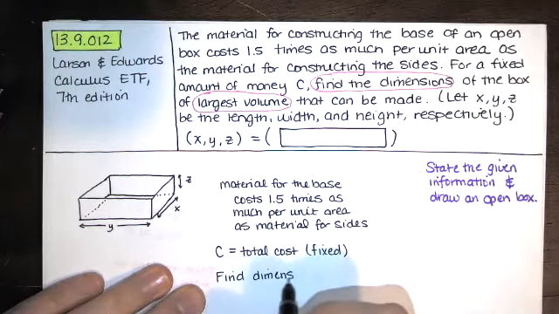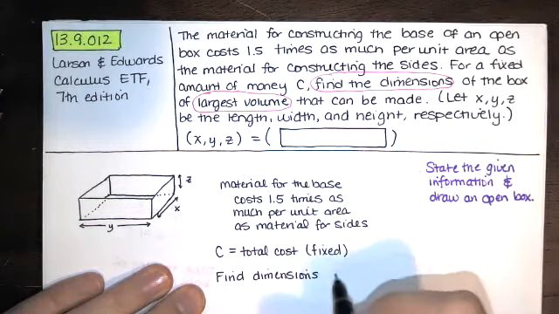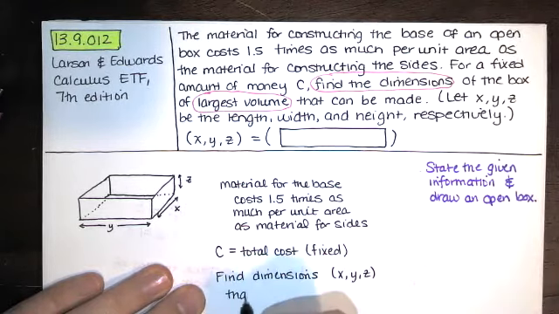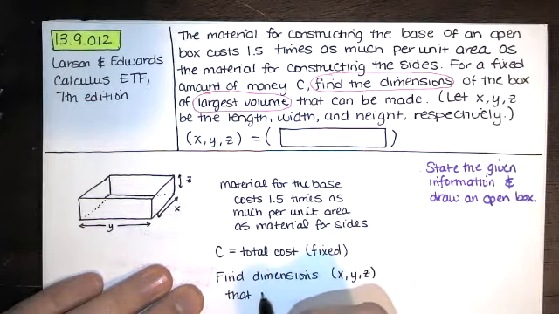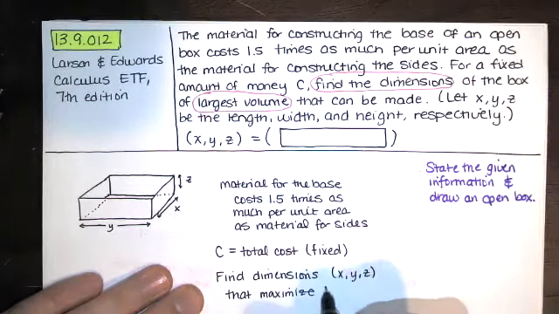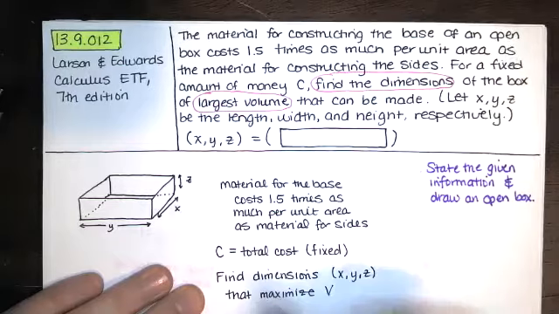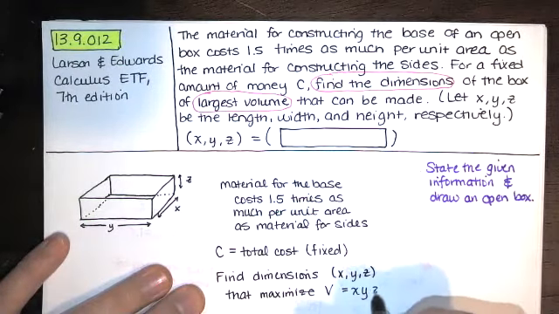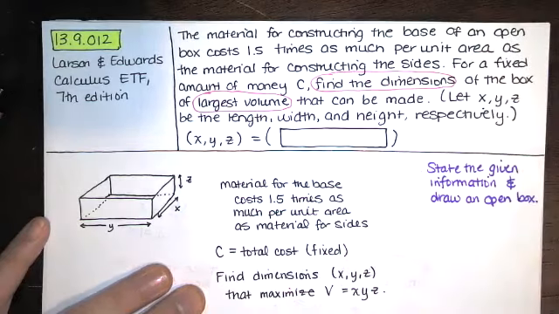So we're trying to find the dimensions of the box, X, Y, and Z, that maximize, because we want the largest volume, the volume V. And I know that the volume of a box is just length times width times height, so that's X times Y times Z.